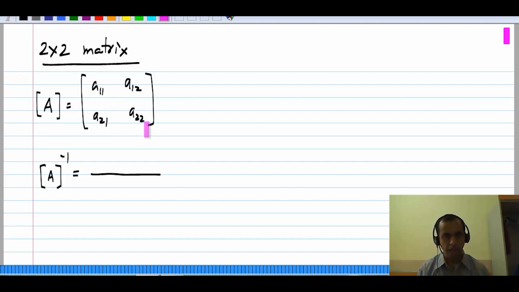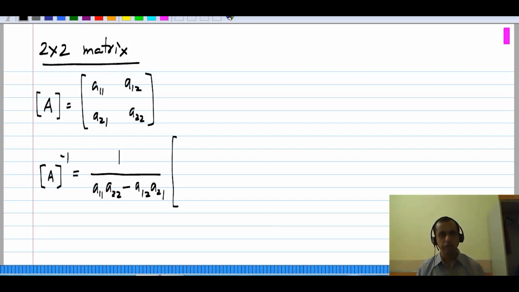It's the product of the diagonal terms A11 times A22 minus the product of the off diagonal terms A21, A12, times the matrix of cofactors, which is very easy for a 2 by 2 matrix.